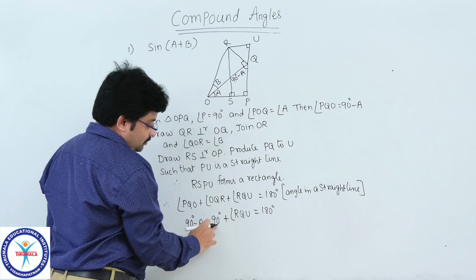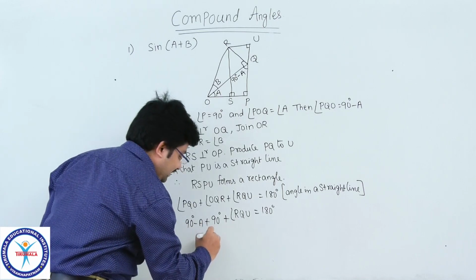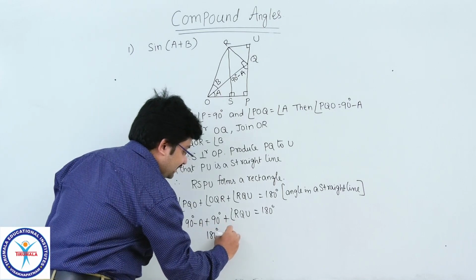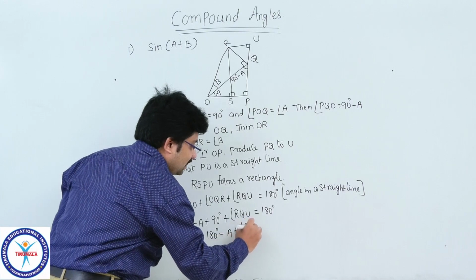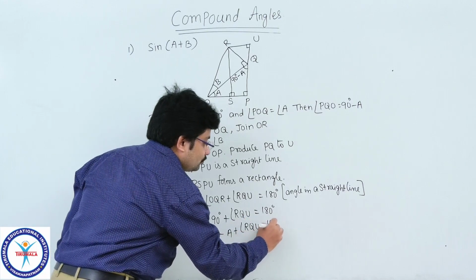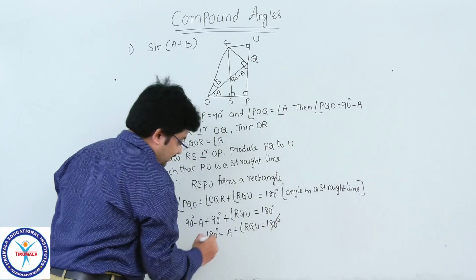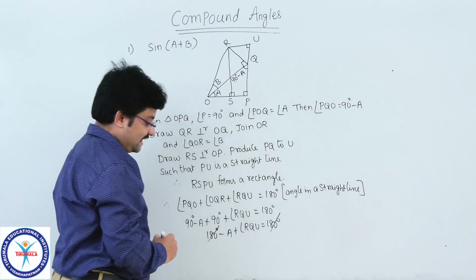Here 90 degrees plus 90 degrees is 180 degrees, minus A plus angle RQU is equal to 180 degrees. Here 180 degrees gets cancelled.